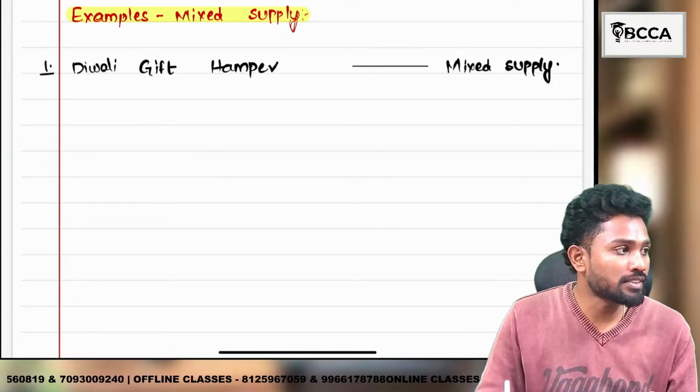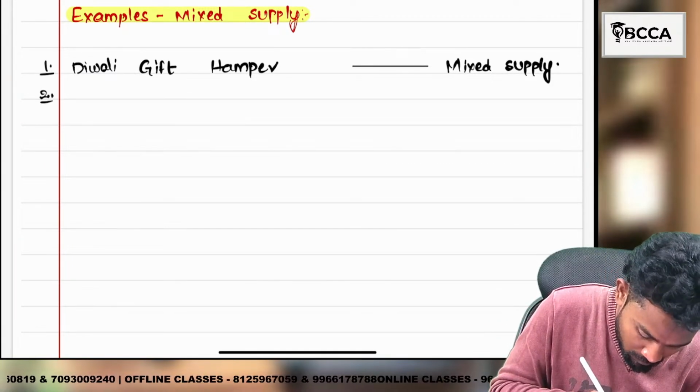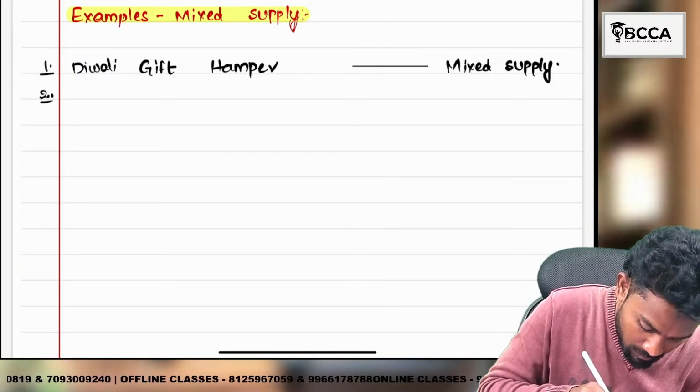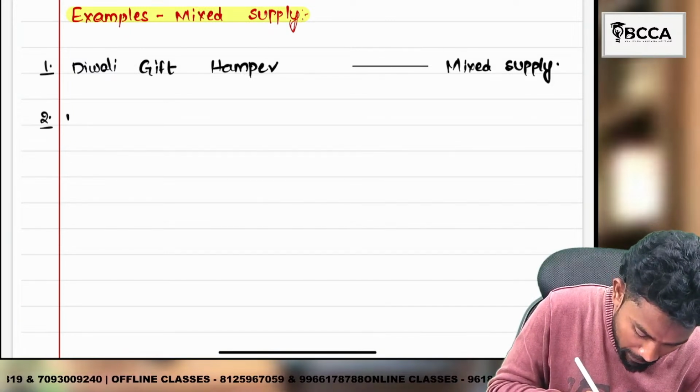It's a mixed supply. Then a pack of shirt, wallet.